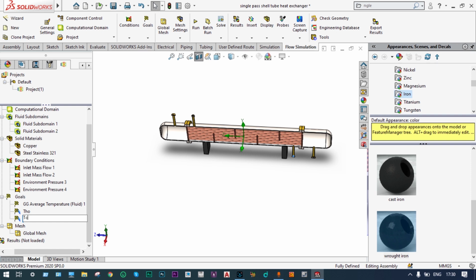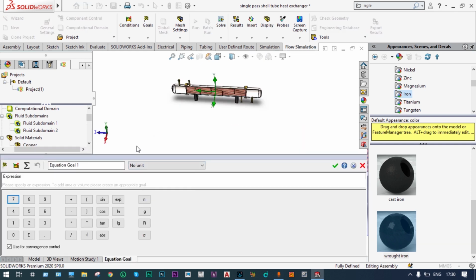Next one, we have one equation goal, that is LMTD. It is very important to find out the effectiveness of these heat exchangers. So insert one equation goal, and this equation goal can be obtained from these input variables or these parameters.